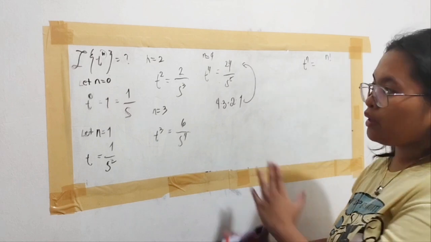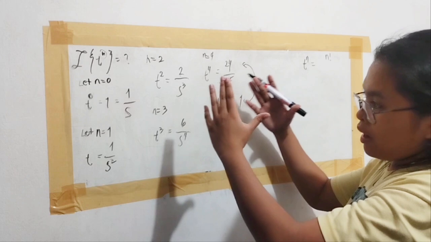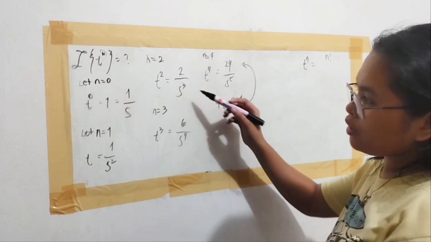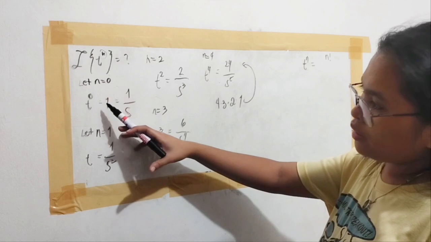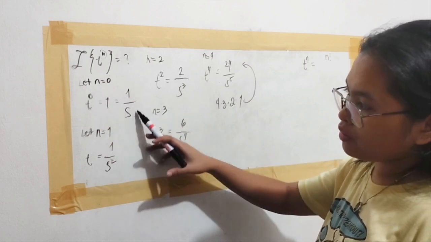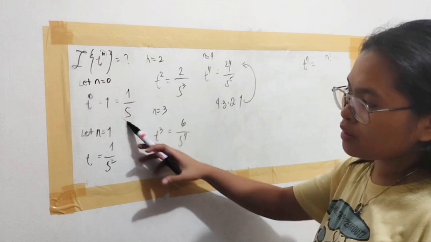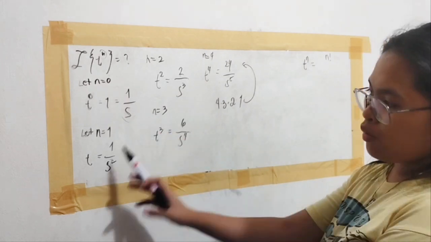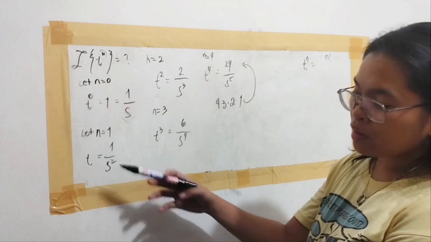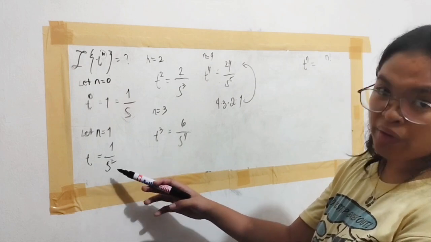Now we can analyze it again, looking at the denominator. When n is equal to 0, the denominator is just s. When n is 1, the denominator is s squared.